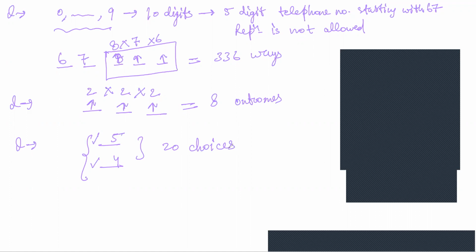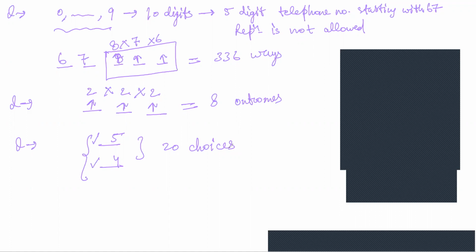Obviously, you are not told whether repetition is allowed or not, but this is a common sense question: repetition cannot be allowed because you only have 5 flags. Each color has only one flag, which can be used only once.